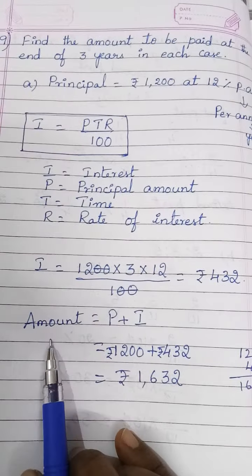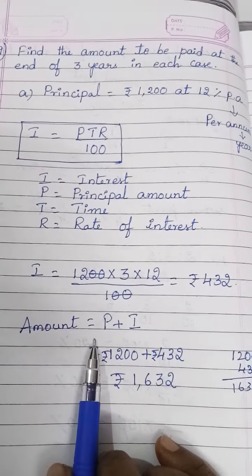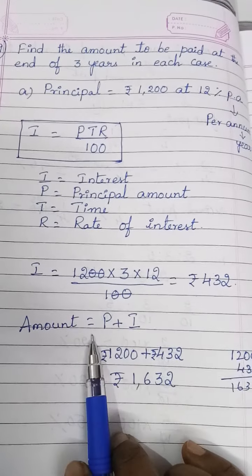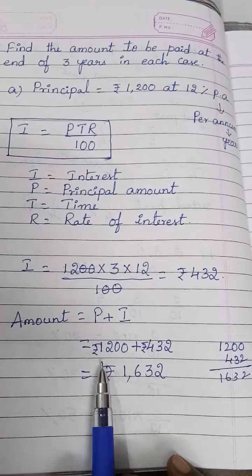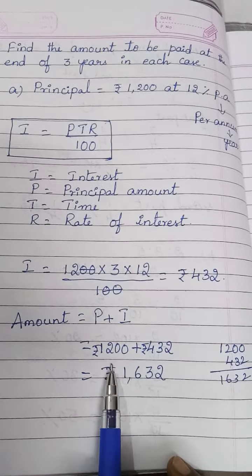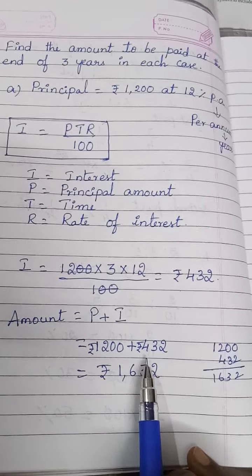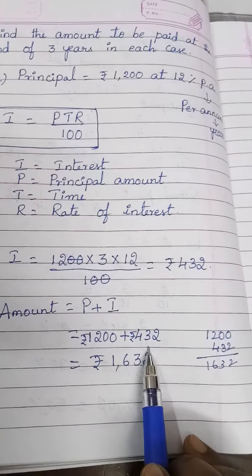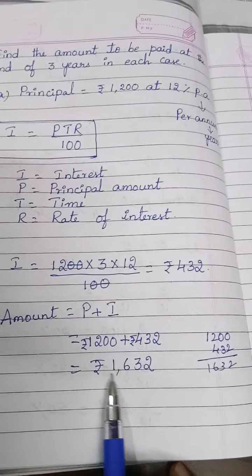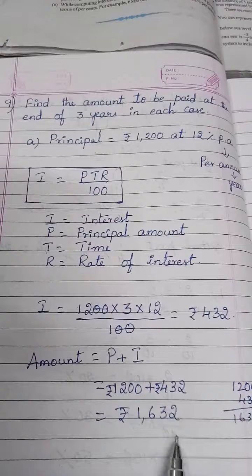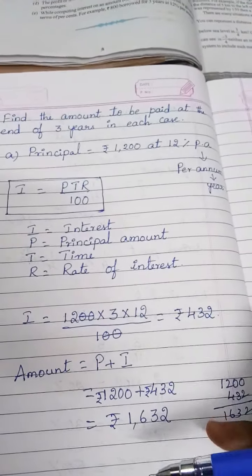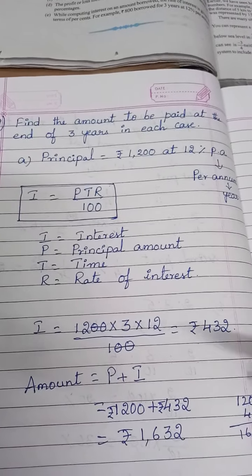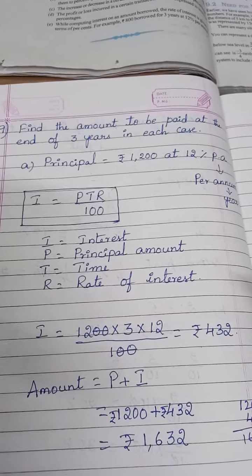So the total amount you should pay at the end of 3 years is P plus I, principal plus interest: 1200 plus the interest amount 432 rupees. The total is 1632. So by using I is equal to PTR by 100, we find out how much we need to pay after 3 years.